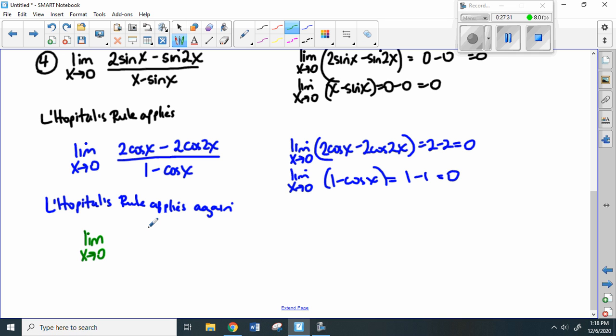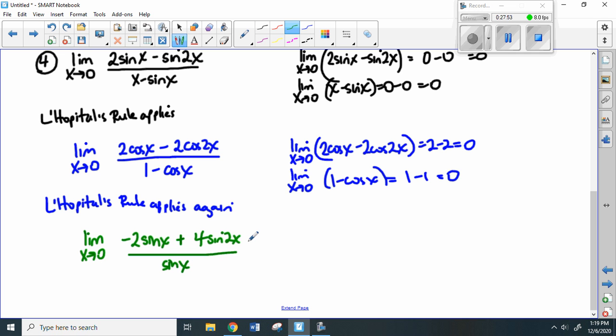The derivative of cosine of x is negative sine of x. So we're going to get negative 2 sine of x, and then positive sine of 2x times another 2. So that's going to make a 4. And then on the bottom, we're going to get sine of x.